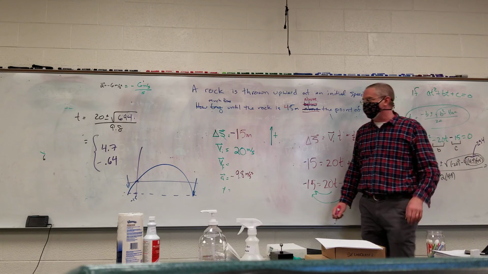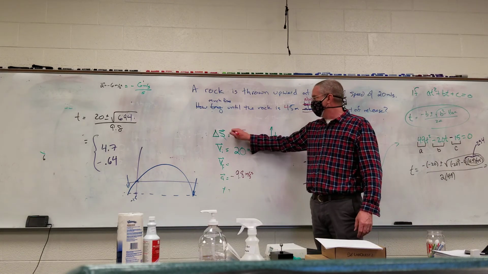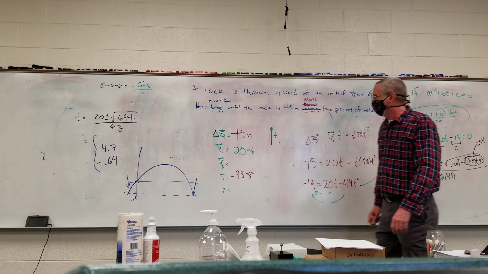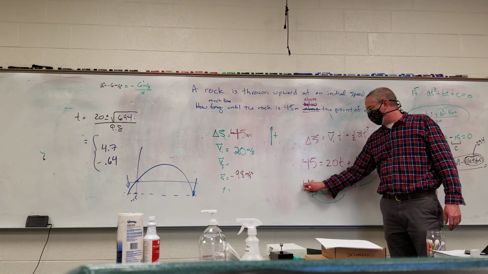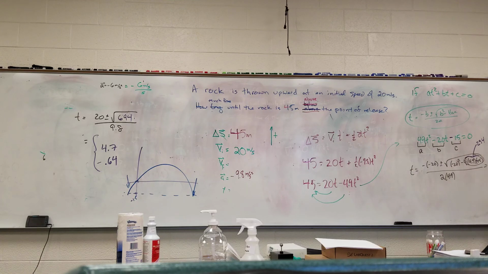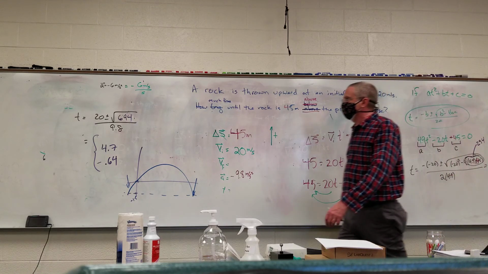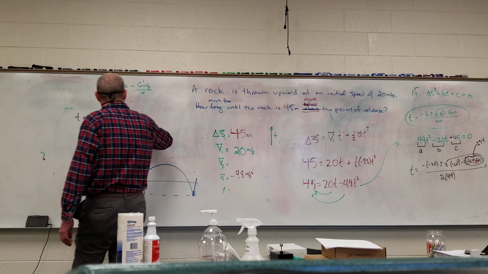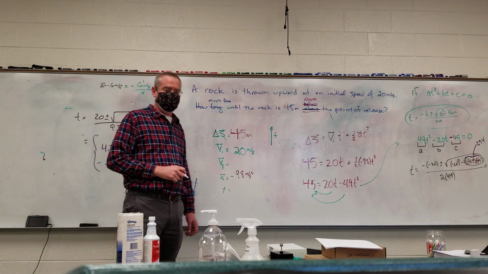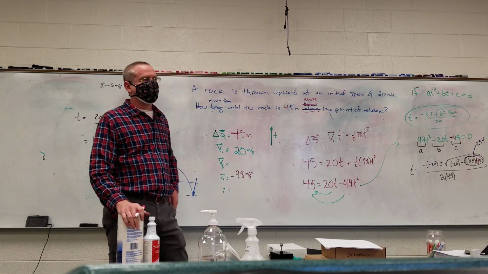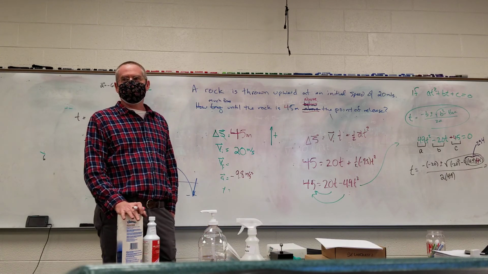Displacement becomes 45. So that's 45, that's 45, that's 45, plus 45, that becomes 45. So what's our discriminant now? Just the one part under the radical.